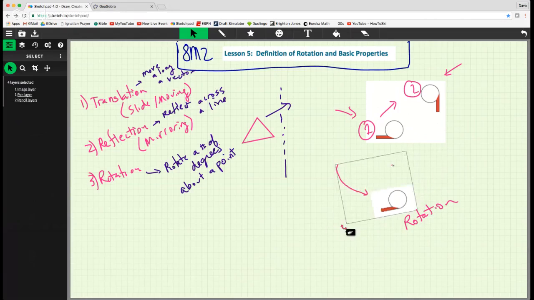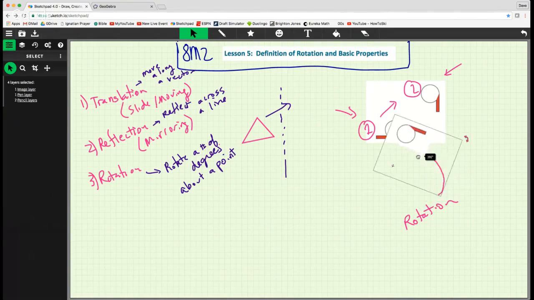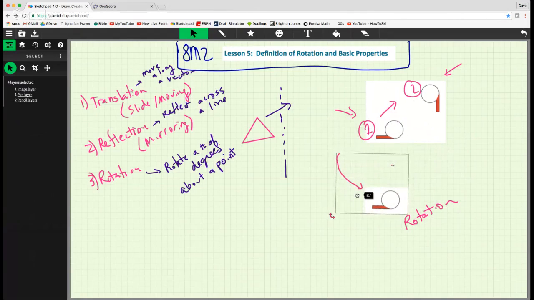And you'll notice we start with 0 degrees and then we go 1, 2, 3, 4, 5, and around as we would rotate around a circle. If this is where we start, that would be 0 degrees. And if we went all the way around, that would be 360 degrees. And that's how we define rotation.